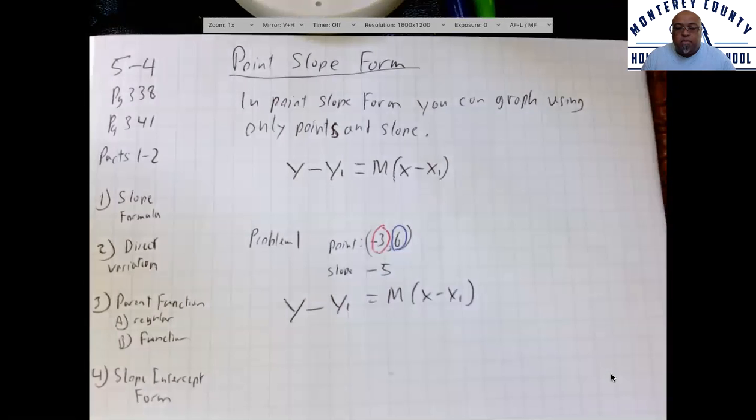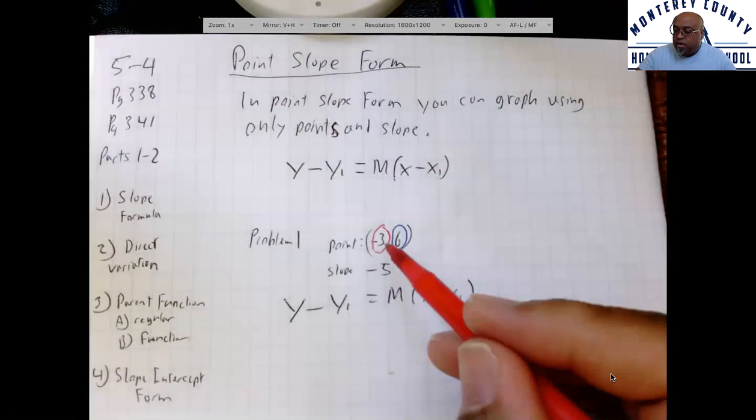Now, in any given point, obviously to make a line you need several points. In any given point, the way that you look at it is one point has 2 parts, an x part and a y part. Okay? Now, in this given one, the x part is -3.